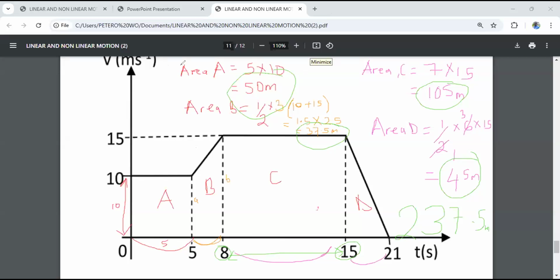How comes when I get 222.5 and I divide it by the 21 as the total time, I still get like 11 as my velocity? The difference between 222 and 237 is very small, eh?